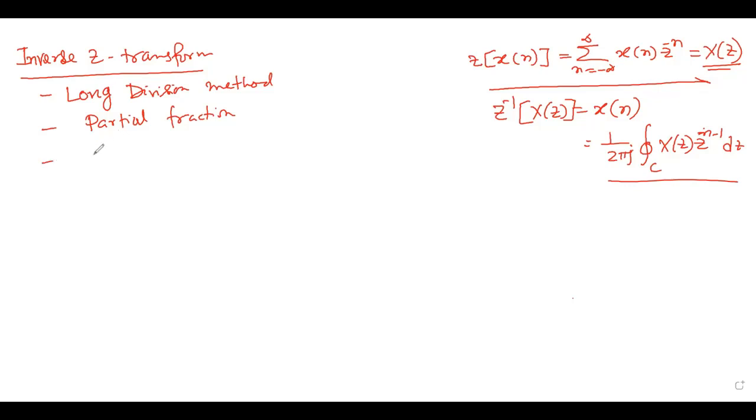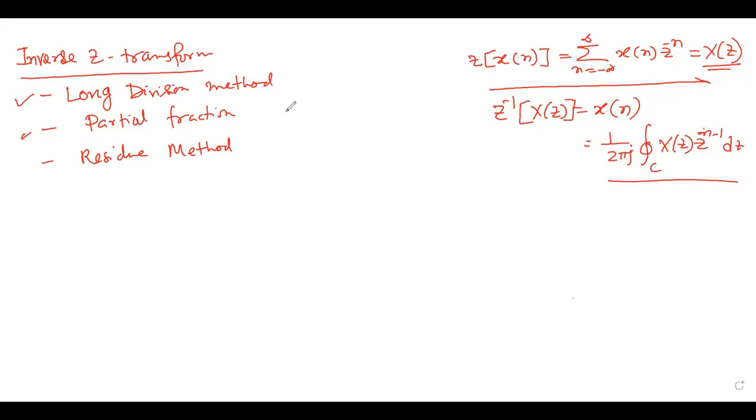The contour integration method using Cauchy's integral formula is called the residue method. I will discuss it briefly, but this is also very easy. I will discuss the long division method and the partial fraction method.